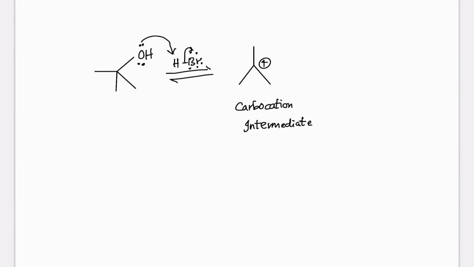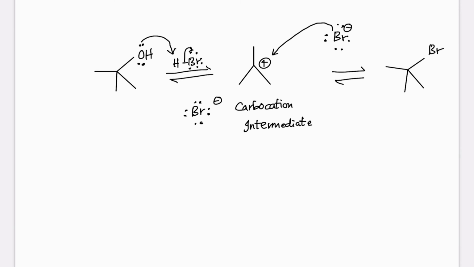The bromine that leaves has 8 electrons and is negatively charged. This bromine then makes a nucleophilic attack on the positive charge and finally creates the final product with bromine.